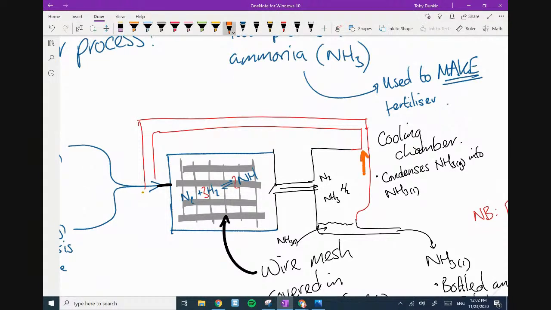The unreacted gases, which include hydrogen and nitrogen, simply remain as a gas at this temperature, and they go up the pipe and are then recycled. Only nitrogen and hydrogen. All the ammonia goes down, forms as a liquid, drops out, and is bottled and stored.